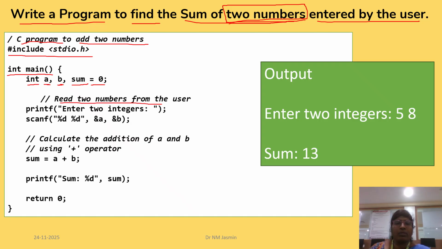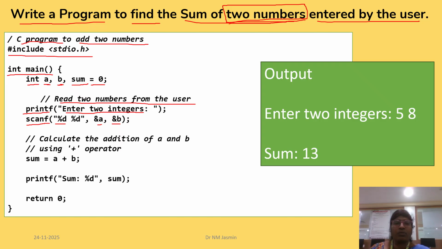Now, read two numbers from the user using the printf function. Enter in double quotes, enter two integers, and with a semicolon. Now, to enter the two integers, we have to scan the two integers so that they are located in memory.